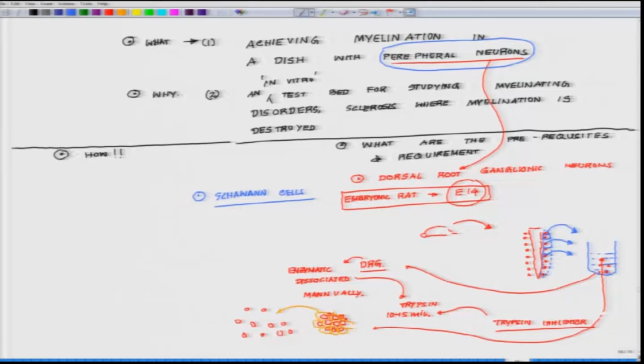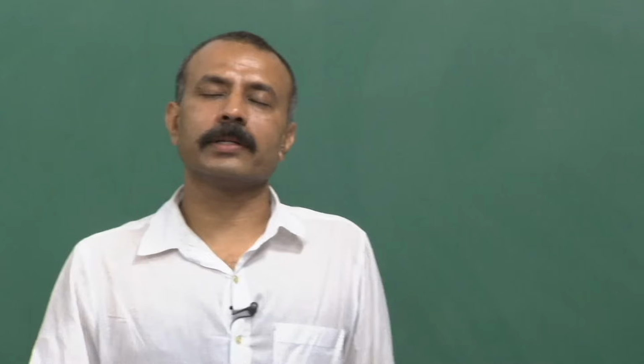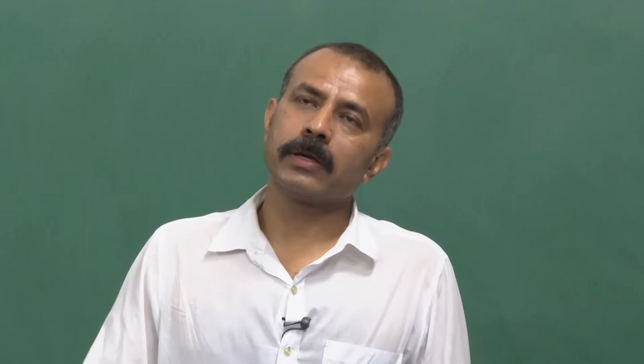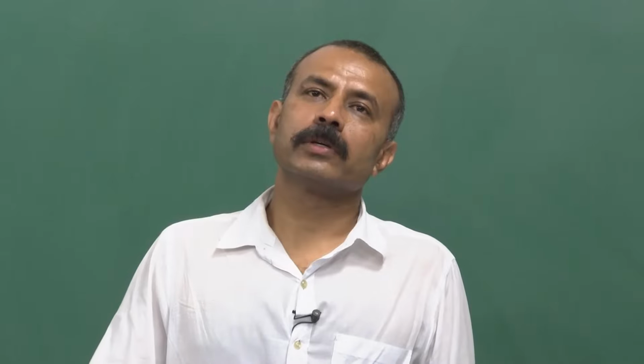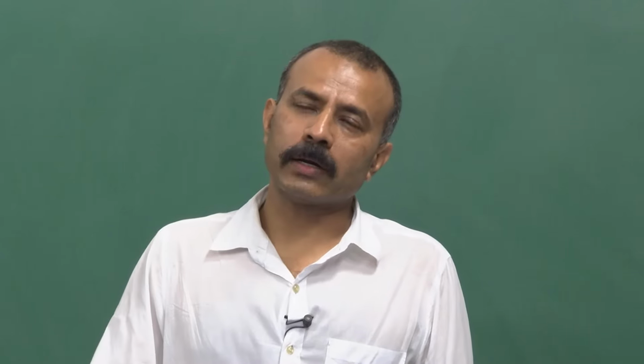So, in order to do that, you need a source of Schwann cells, but I just mentioned that when you use E14, at that time the Schwann cells haven't formed properly. So, in order to obtain Schwann cells, your animal source has to be a mature animal.